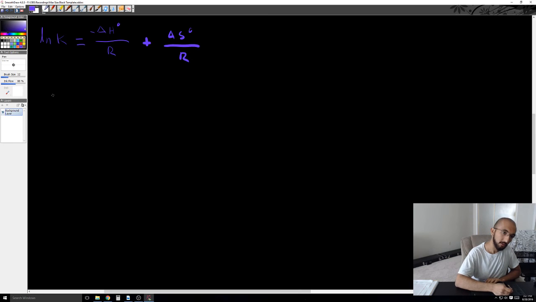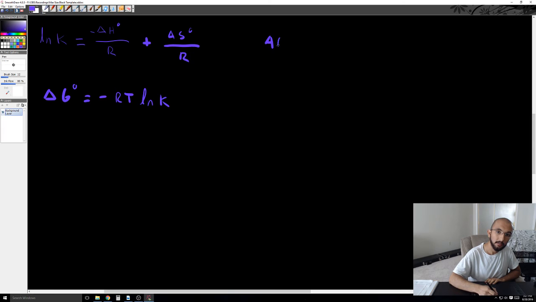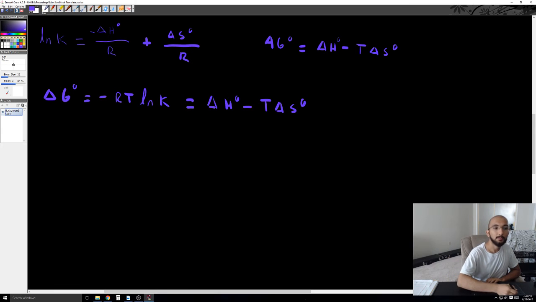And we're going to start with two equations. Delta G standard equals negative RT ln K. And we also know that delta G standard is equal to delta H minus T delta S. Now let's pause for a second for some critical thinking here.